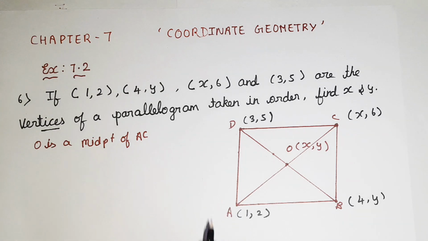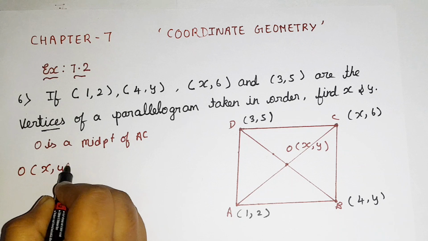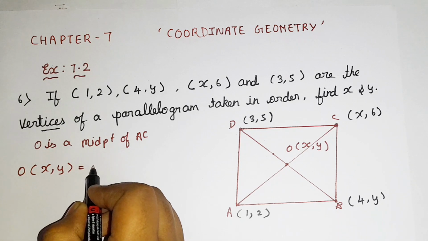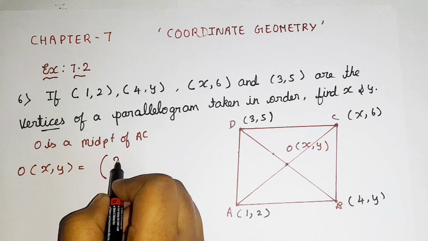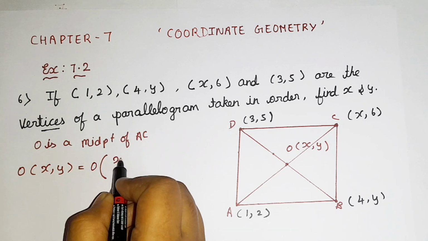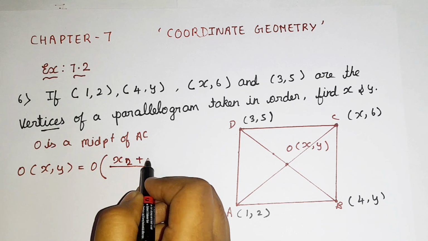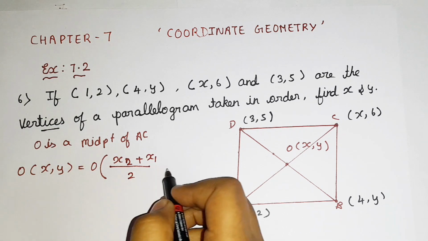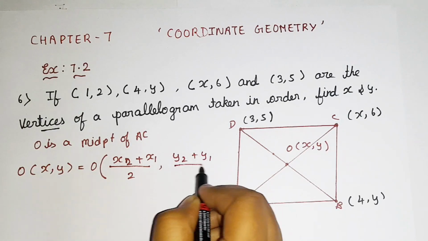Now let us apply the midpoint formula. I can write O(x, y) is equal to ((x1 + x2)/2, (y1 + y2)/2).